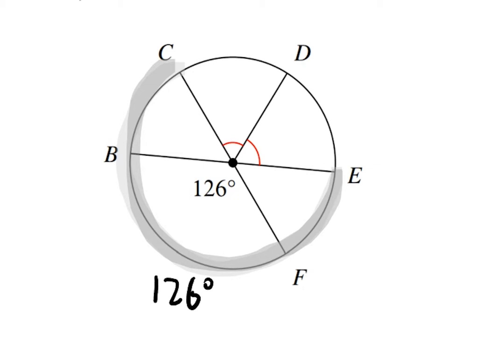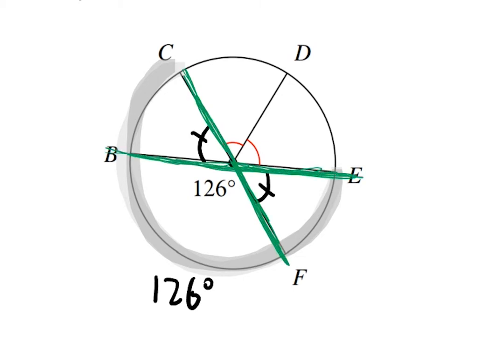Once again, we have vertical angles here. And oh look, if you look at these two lines there, we know that these two angles across from the 126 degree angle are equal to each other.